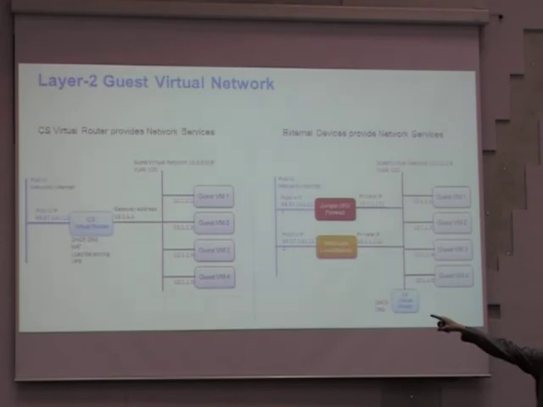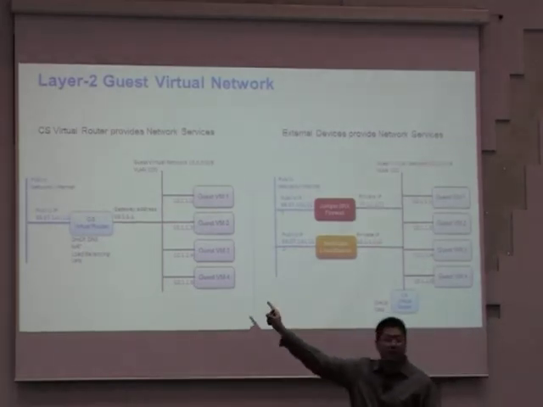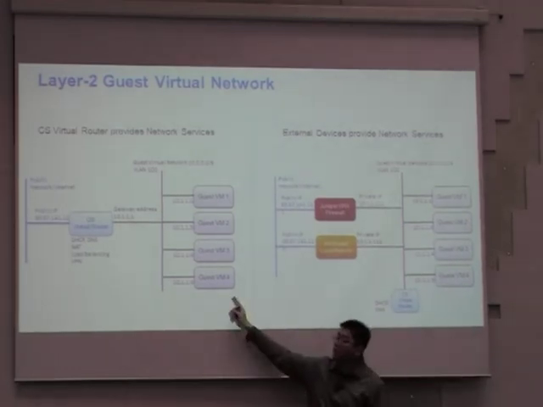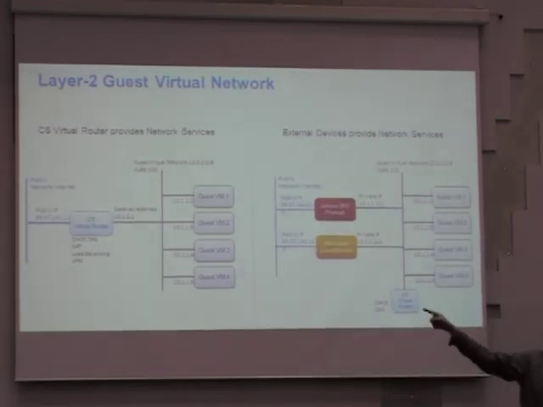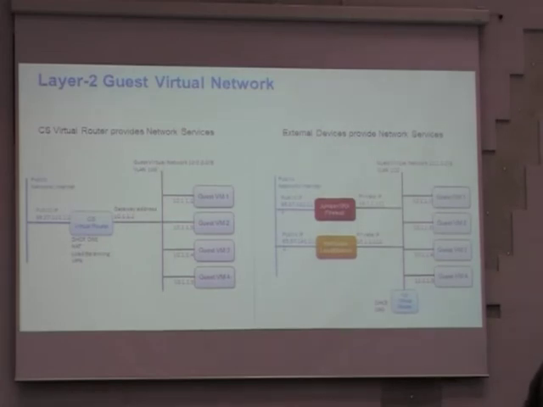And this left side shows the virtual router that CloudStack launches, which bridges between the public network and inside the guest network itself. This is the VLAN now. That virtual router can provide all the network services: load balancer, VPN, site-to-site VPN, DHCP.